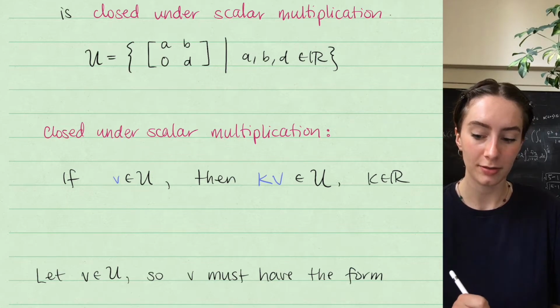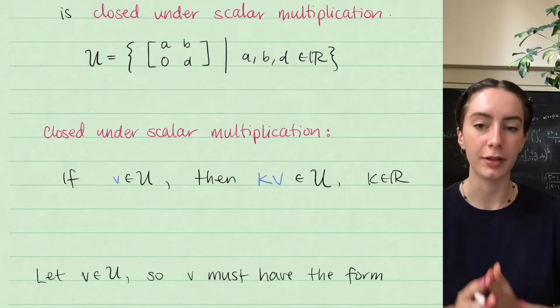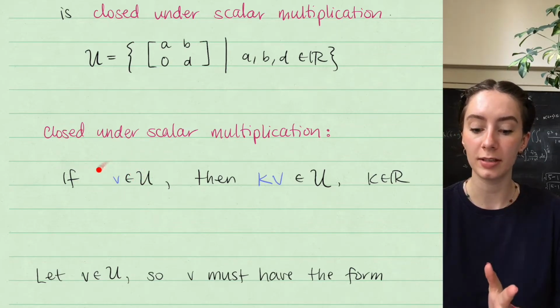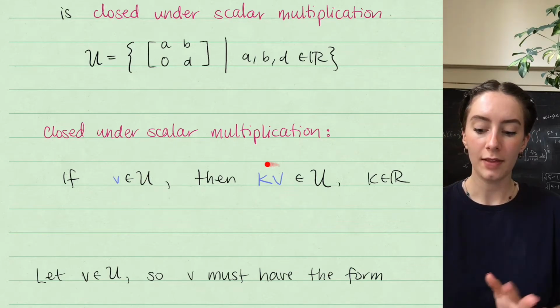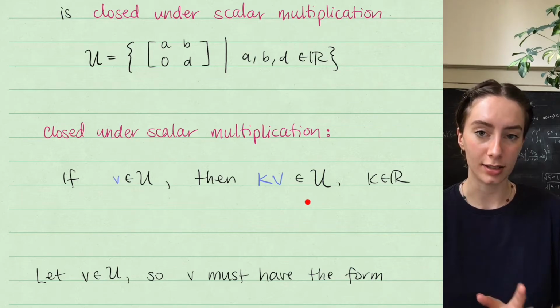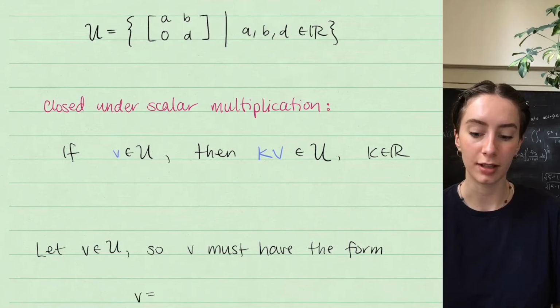To figure out if we're closed under scalar multiplication, we just assume that we have some element V in our set U, then look at K times V and ask, is this in our set U for any arbitrary scalar K?